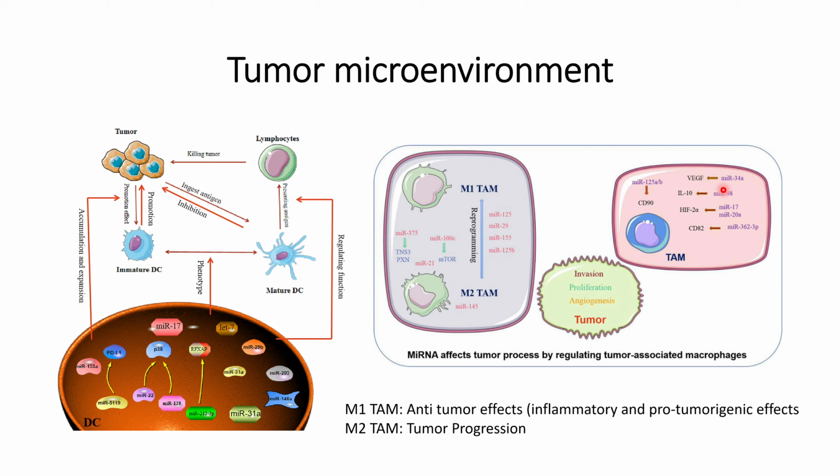And these are the different microRNAs mentioned that affect the signaling pathways, or we can say growth factors, that have been mentioned here. That is VEGF, interleukin 10, HIF2 alpha. This is a combination of signaling pathways and growth factors, and some are the receptors also.